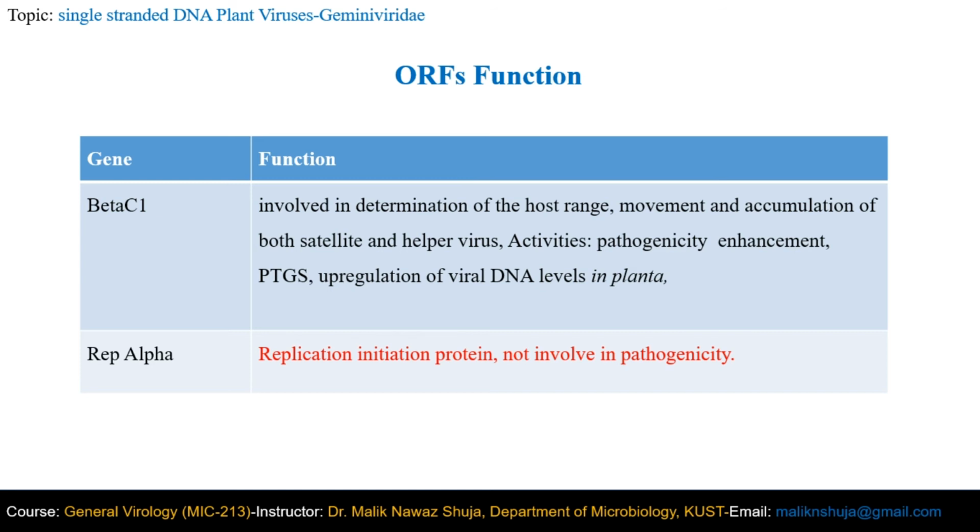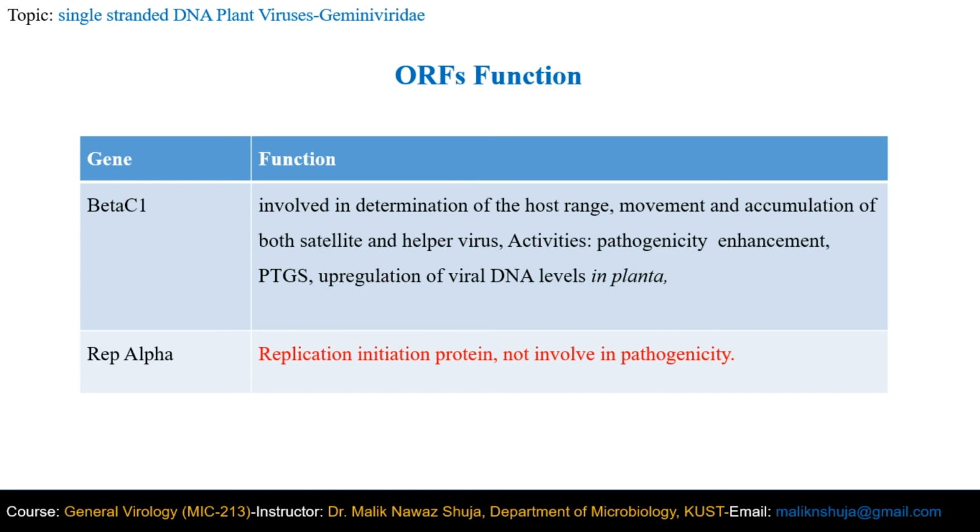It is also involved in the movement and accumulation of both satellite and helper virus. It also serves as a pathogenicity enhancer, and is involved in post-transcriptional gene silencing, as well as upregulation of viral DNA level in the plant.